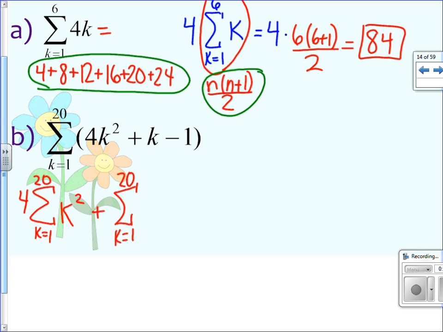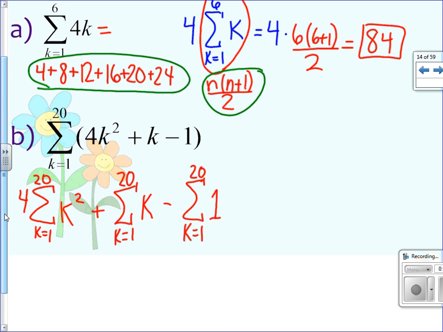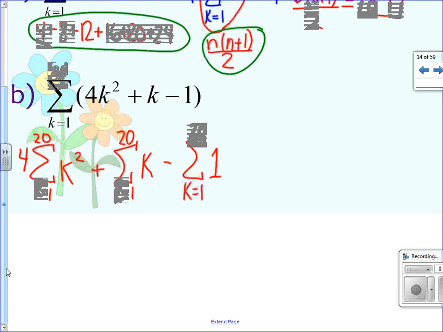Next, I'm going to add it to k, and then I'm going to subtract it from the 1. So this is applying the sigma to each term separately instead of applying it all together, which is allowed. It's one of the properties of sigma.